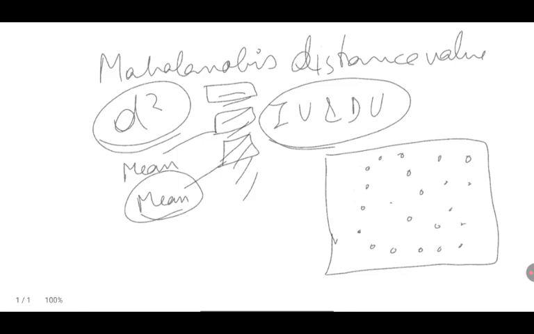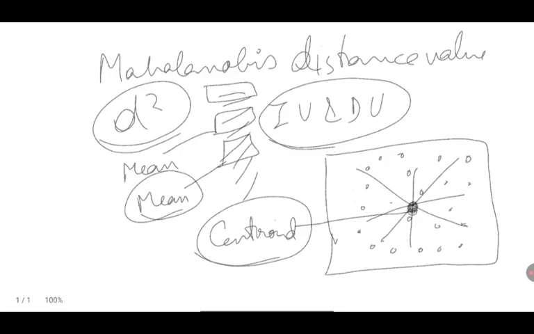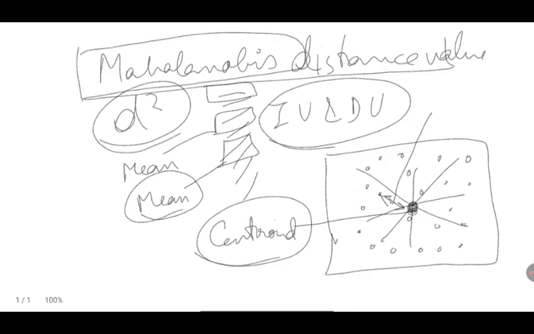Then these means will intersect at some point, say this point. This is known as the centroid. So the distance of individual data points from this centroid is known as Mahalanobis distance, right?